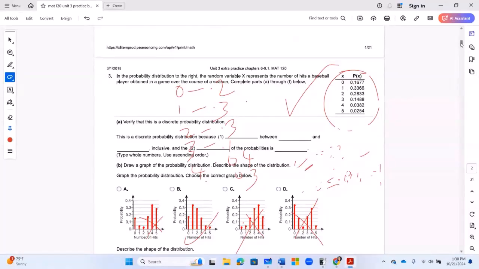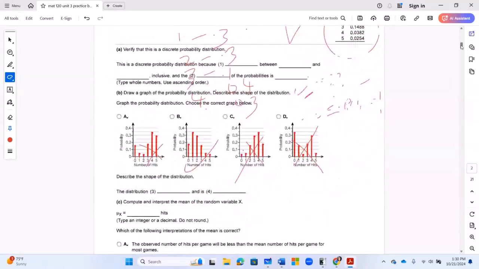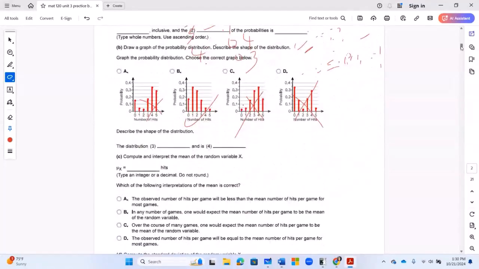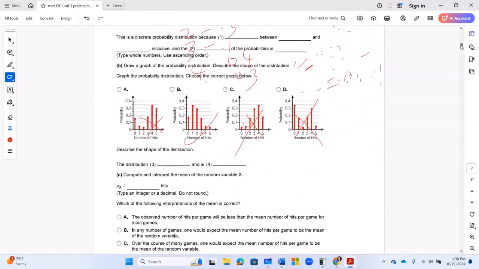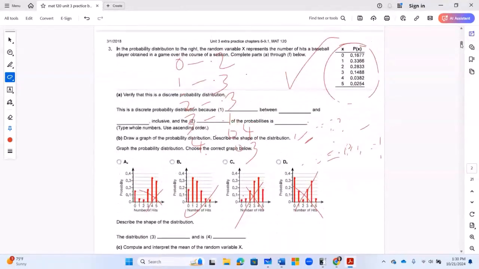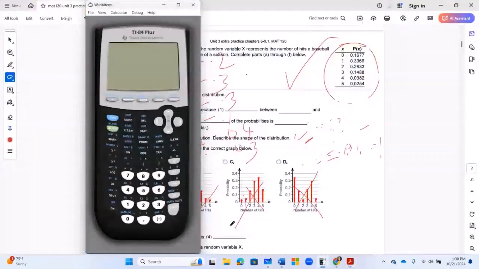Now, the next thing is find the mean and standard deviation of a discrete random variable. Anytime you're told to find the mean and standard deviation of a discrete random variable, you pull out your calculator and put the data in L1 and L2, where the random variable is in L1 and the probability is in L2. So let me just do that.